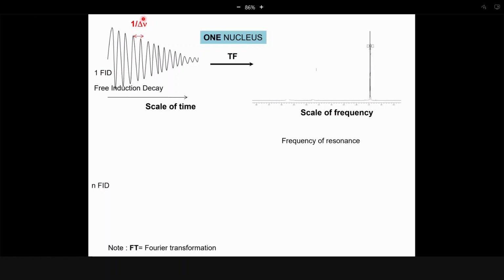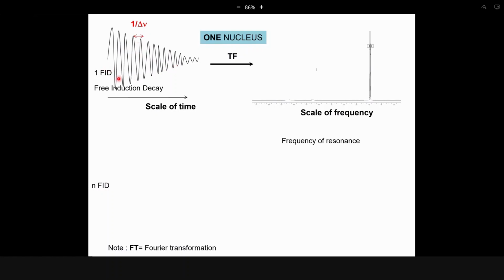the frequency. So this is for one nucleus, and of course, in a sample, you will have many of these kinds of signals with a different space between these peaks, because the frequency of resonance of each nucleus will be different.